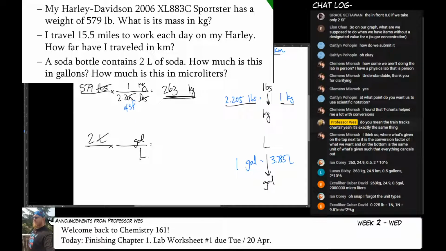All right, I can cancel these out. Now I can do the numbers. So 1 gallon, 3.785. And I got 0.528, but I only get to have 1 Sig Fig, because this number is 1 Sig Fig.